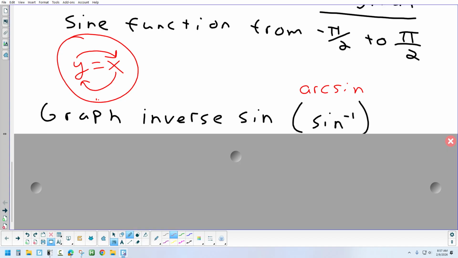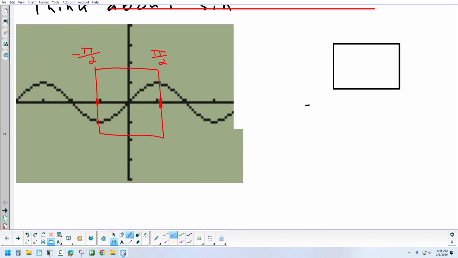So let's think about the graph we have right here. Just focus on that section in purple. What's the domain of that section in purple? Now we're back on the trig graph. Negative pi over 2 to pi over 2. That's the domain.